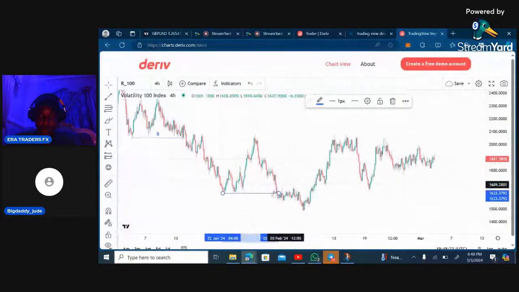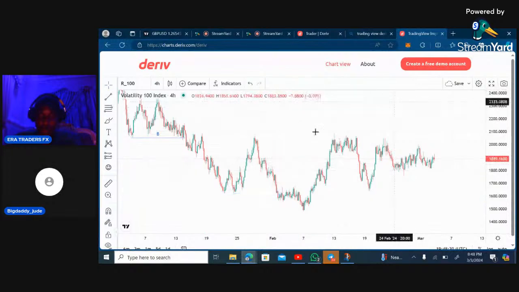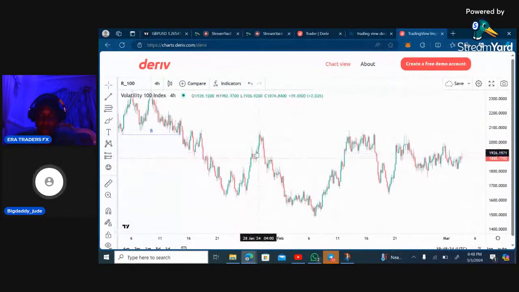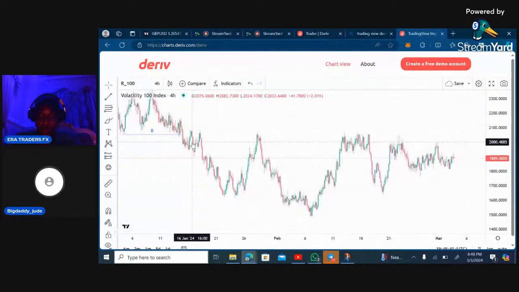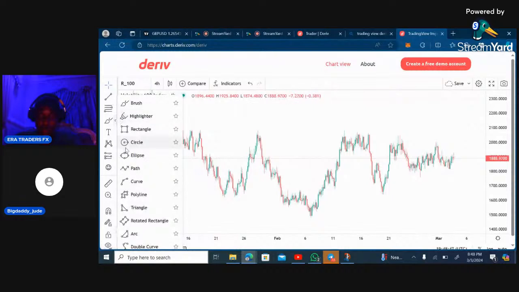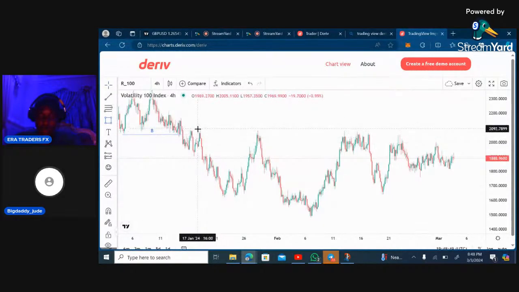I'll have to identify a valid point where the market is going to retrace back to before picking up its orders. As an SMT trader, I already have a valid zone here.